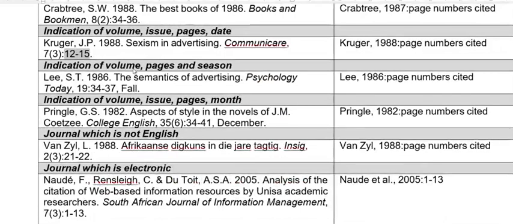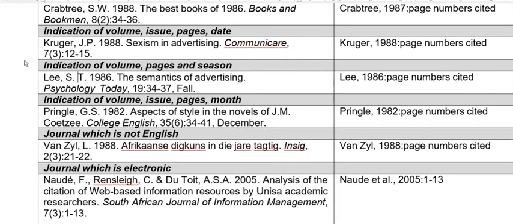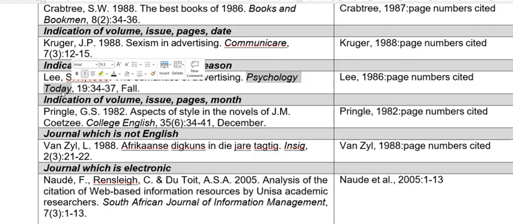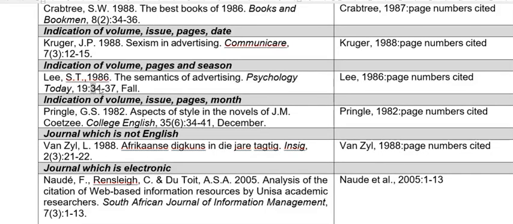If there's a volume, issue, and season, so it's author, and don't leave a space between the initials, and don't put a comma here either. So just take notice of those little tips. The title of the article, the title of the journal in italics, both words capitalized, the main words, the volume, there is no issue here, colon, page numbers.